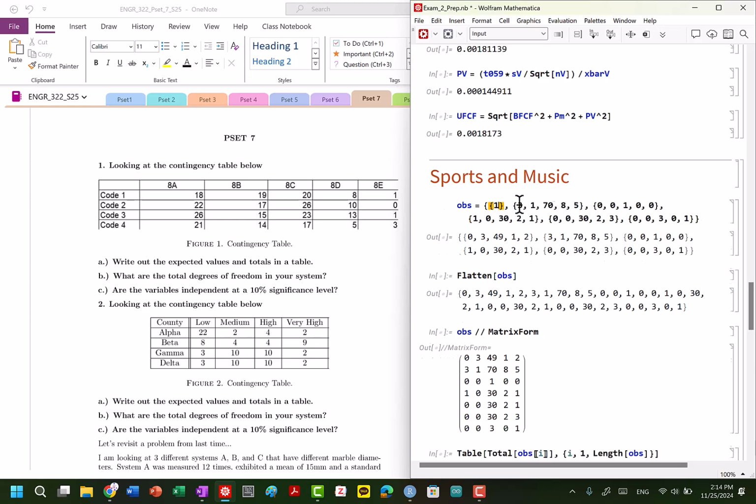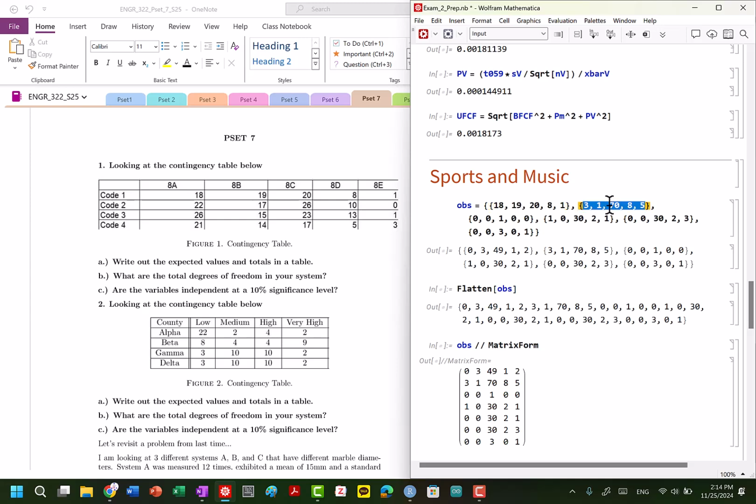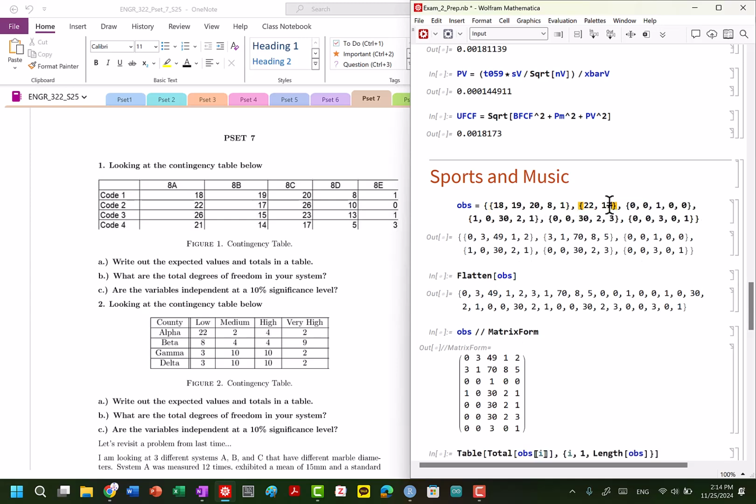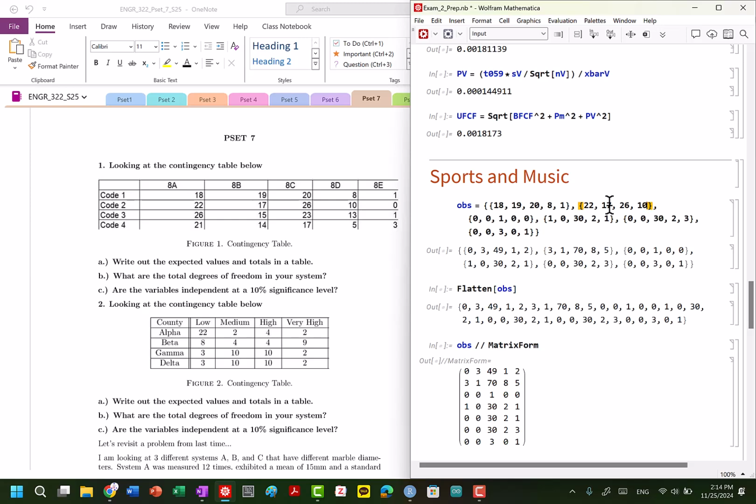So we need 18, 19, 28, 1. And we're going to do 22, 17, 26, 10, 0. And then 26, 15, 23, 13, 1. And then finally, 21, 14, 17, 5, 3.